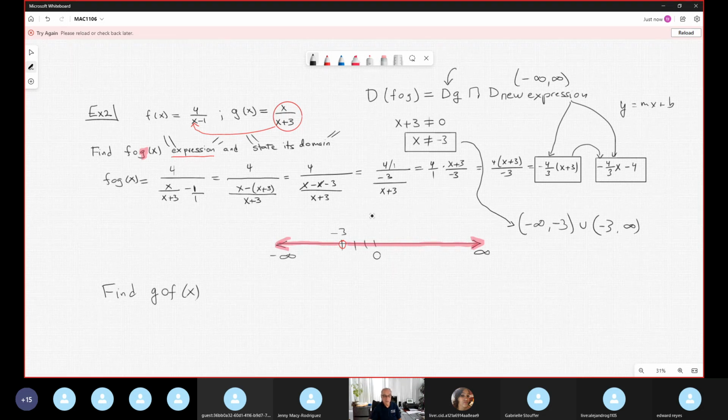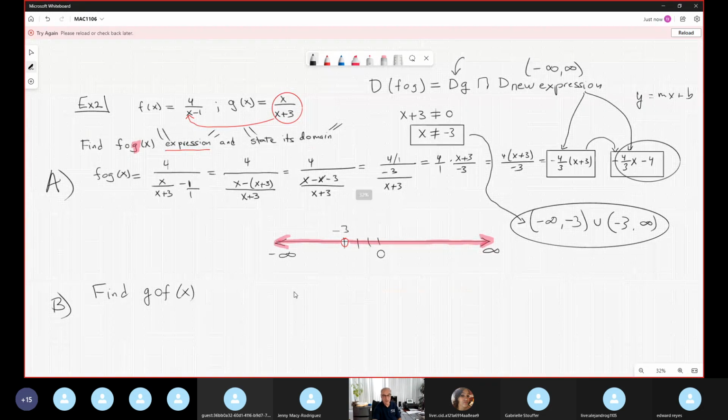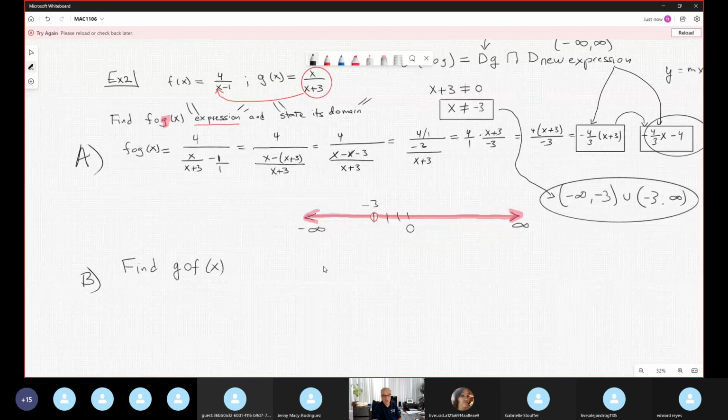And the answer for the first part A, and this is part B. Part A, the final answer is this and this. Let's do part B. I interchange. I need to be aware that we expect a completely different answer because the composition is not commutative. When you interchange, it's a completely different idea.